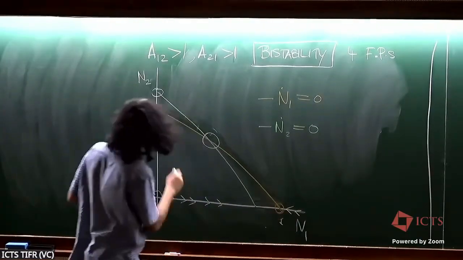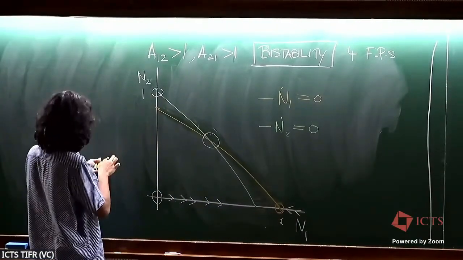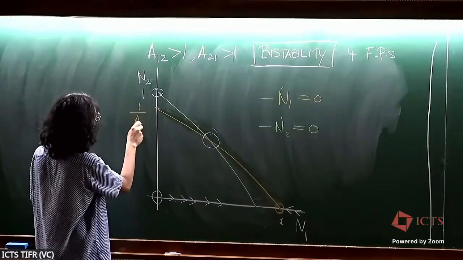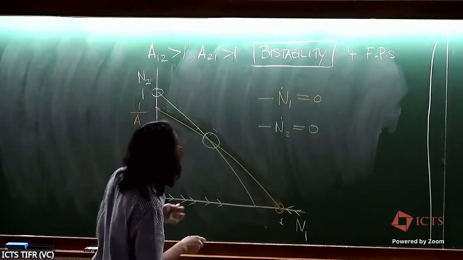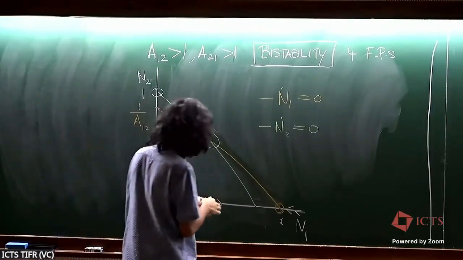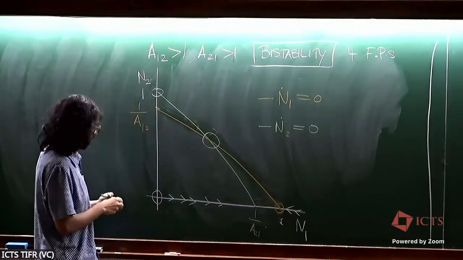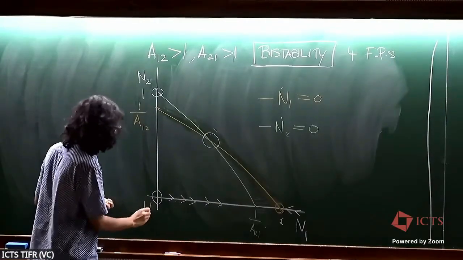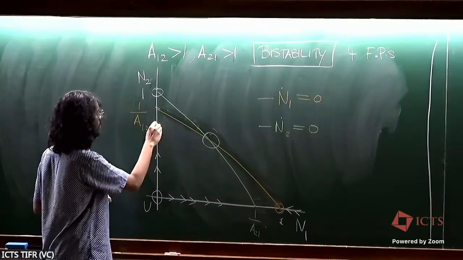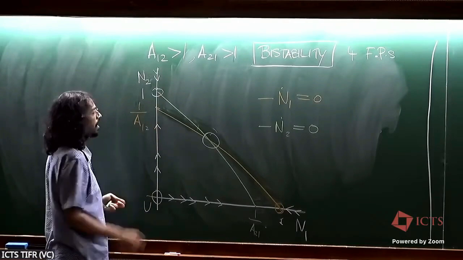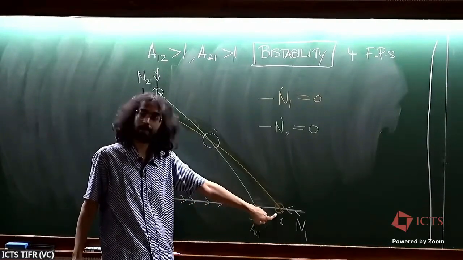This is 1, this is 1. This is 1 over A12. This is 1 over A21. Okay, so this one is unstable automatically. It's also unstable in this direction. What about this fixed point, 1, 0?